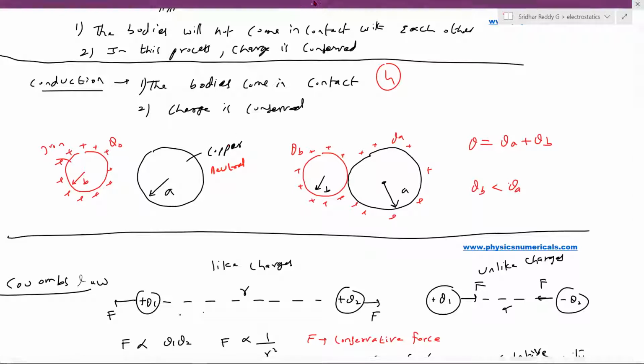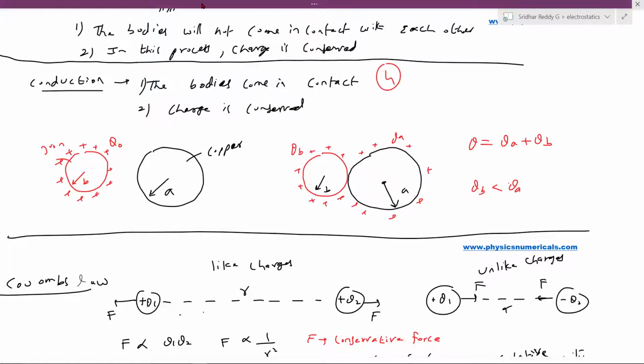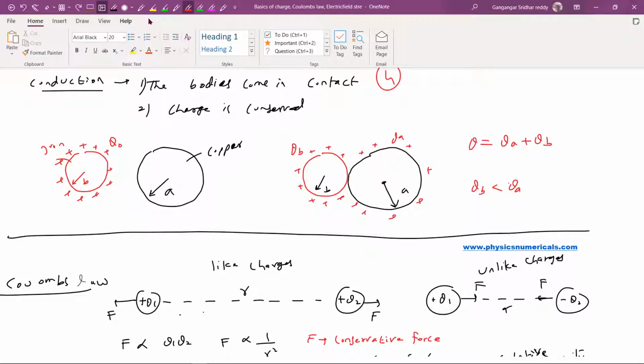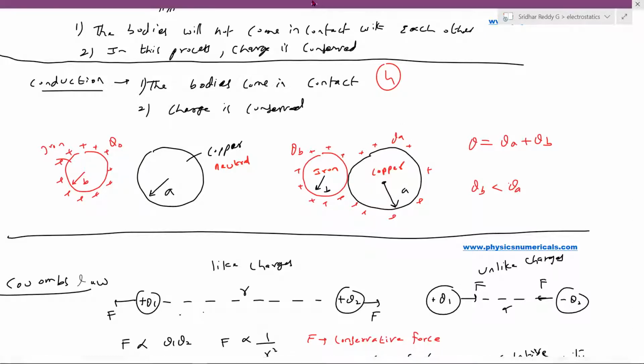The copper sphere is initially neutral, not having any charge. Okay, this is the iron sphere, and this is the copper sphere.